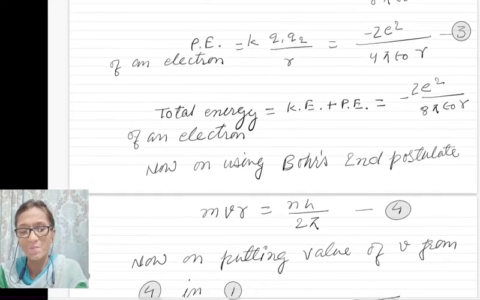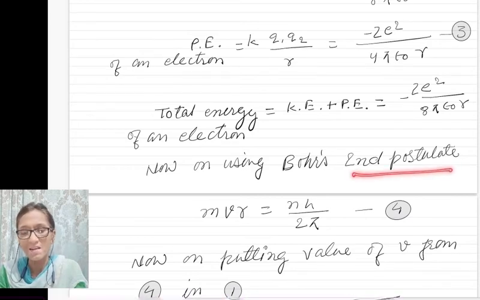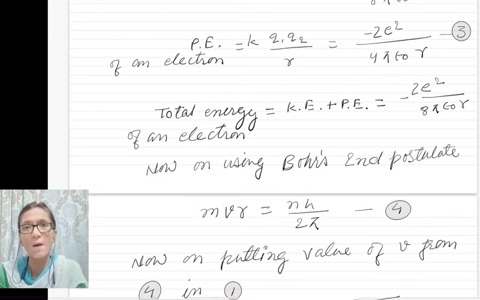Now, Bohr postulated three laws, three rules, and the second postulate is that mvr, the angular momentum of the orbiting electron, is an integral multiple of h upon 2 pi.